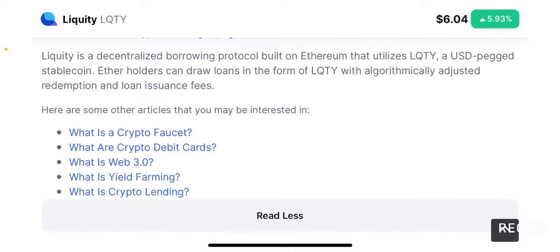You can get a stable coin called LQTY by collateralizing your ether, while you pay the loan issuance fees, along with getting an algorithmically adjusted redemption period, right? So this period will tell you when you need to return your stable coins in order to get back your ETH collateral, right? So that's basically the quick overview of Liquity.